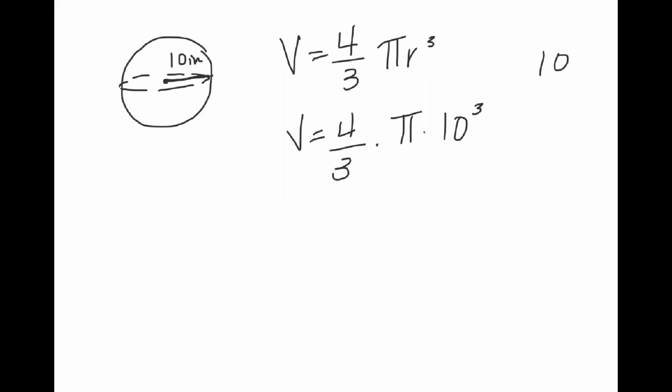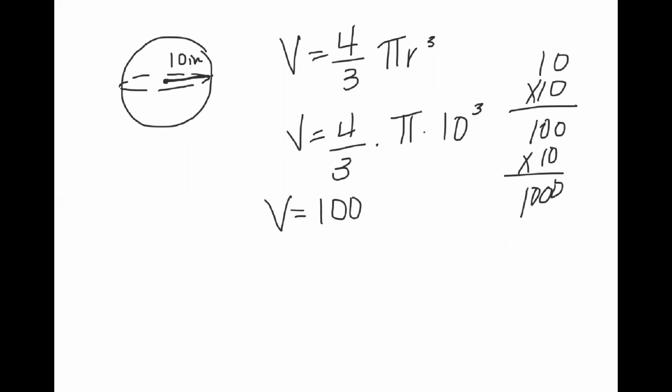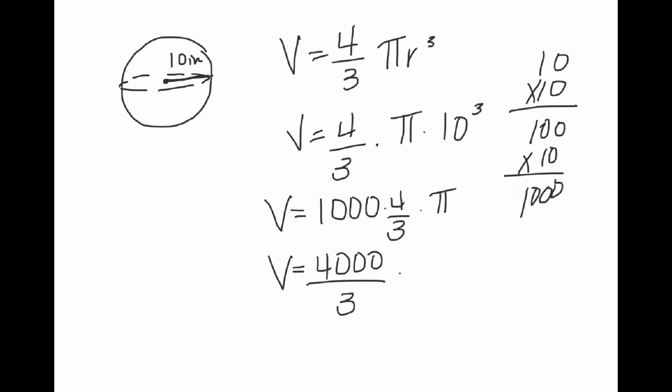So 10 times 10 times 10. That's 100 times 10, 1,000. So this becomes 1,000 times 4/3 times pi, which is 4,000/3 times pi.